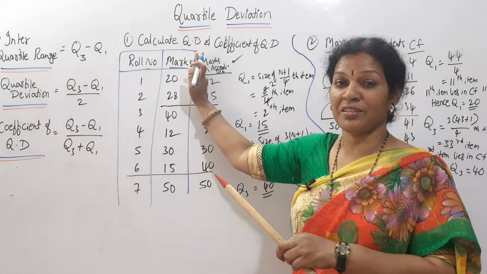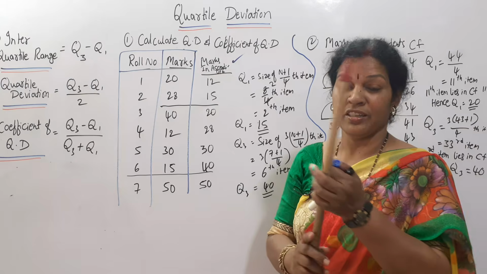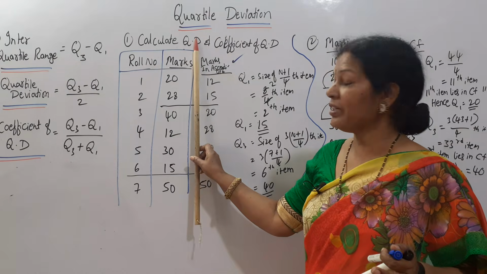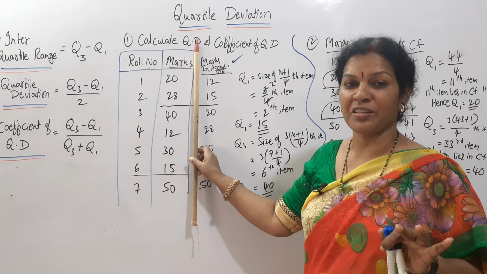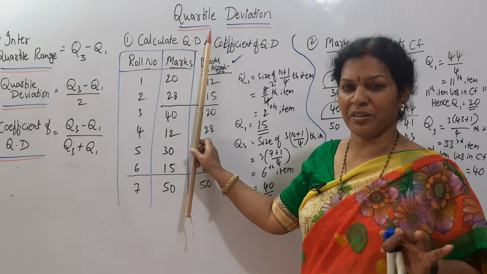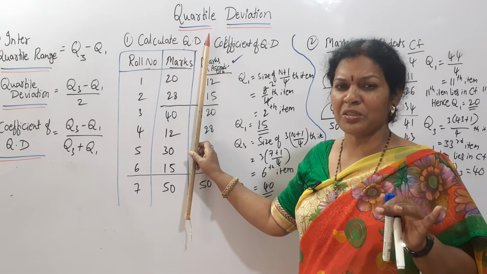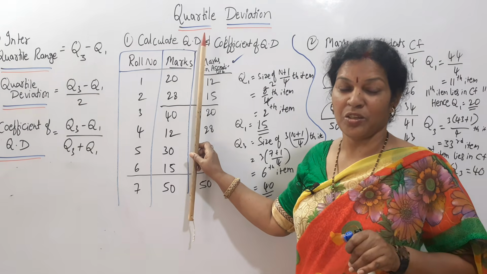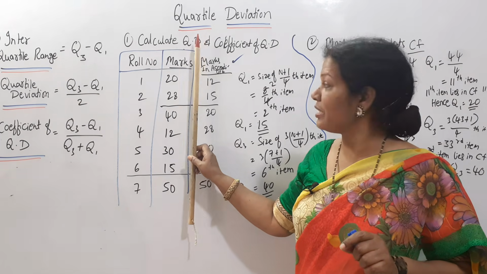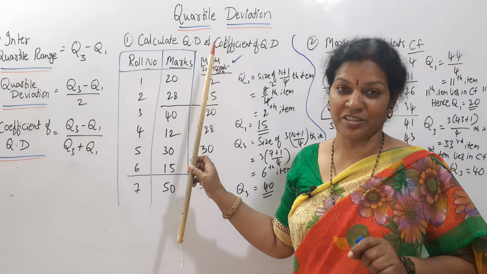By looking at this, you have to identify whether it is an individual series, continuous series or discrete series. Here only marks are given. If it told how many students got each mark, that would be a discrete series. Only marks, X, are given, so it is an individual series.